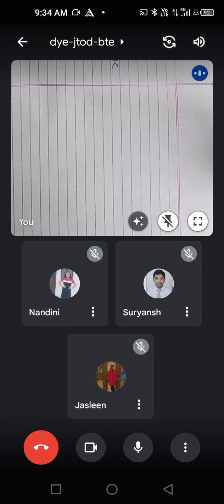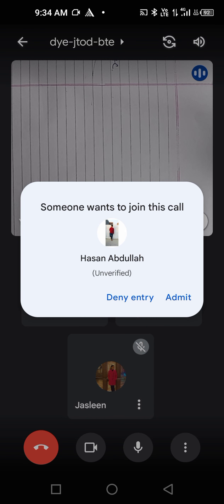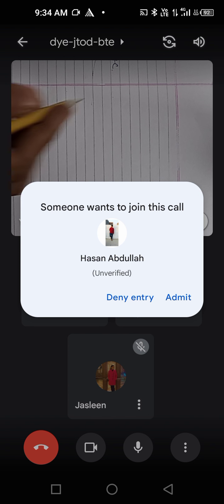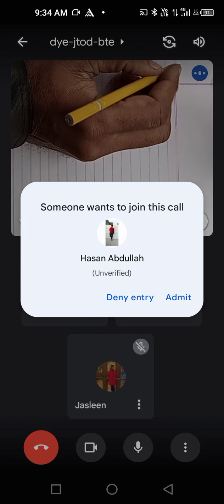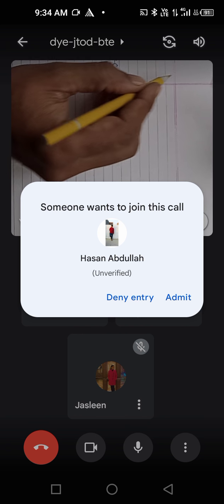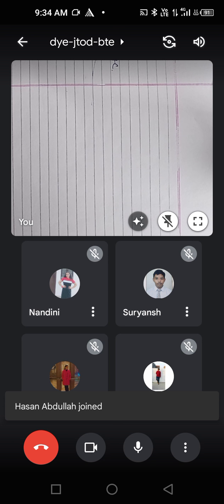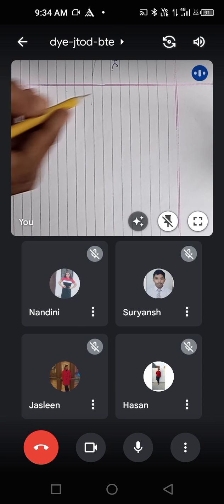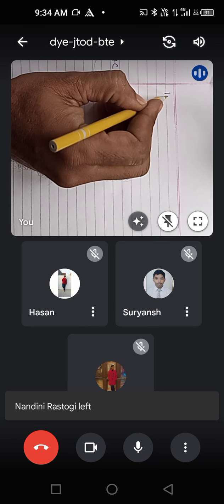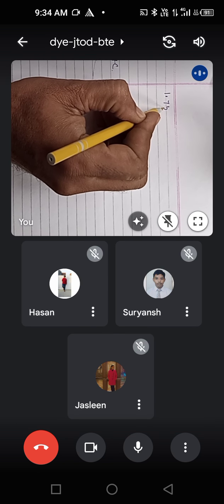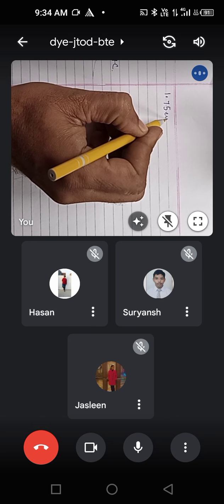Okay. So write down today's question. First question: How many silver coins? 1.75 centimeters in diameter.